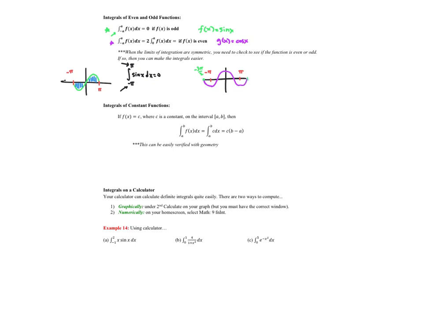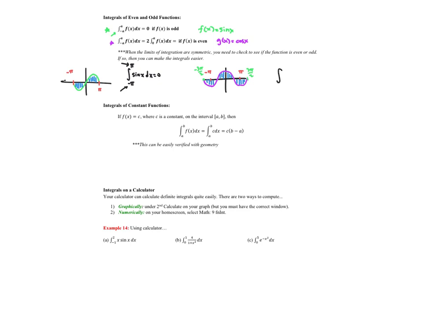What you can see is that this area here, if I were to sum this up, and this area here, they're going to be the same. The area to the left of the y-axis and the area to the right of the y-axis are the same.